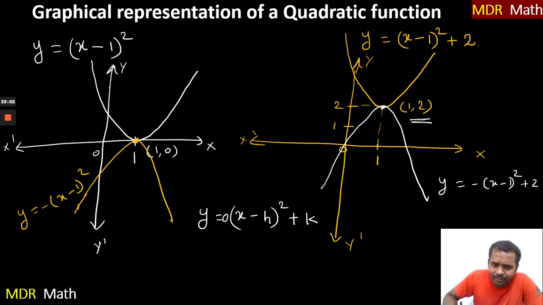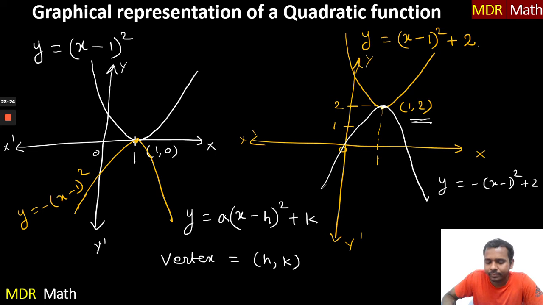You may write it like this: y is equal to a into x minus h whole square plus k. When you have it in this form, the vertex is h comma k, and your a decides the direction. If a is positive, it faces upwards.